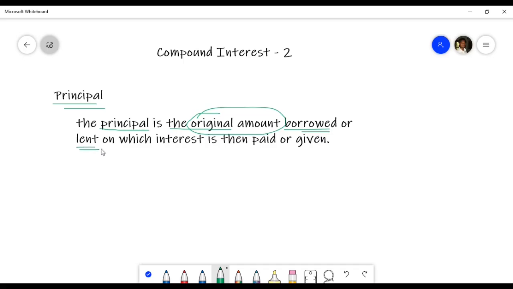So remember that principal is the original amount, the principal amount. Borrowed refers to the money that is taken, and lent refers to the money that is given.